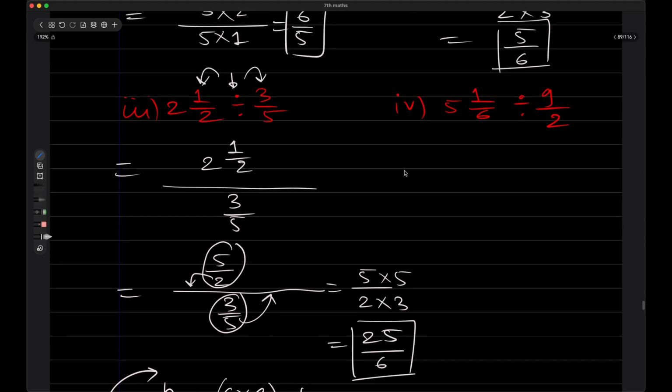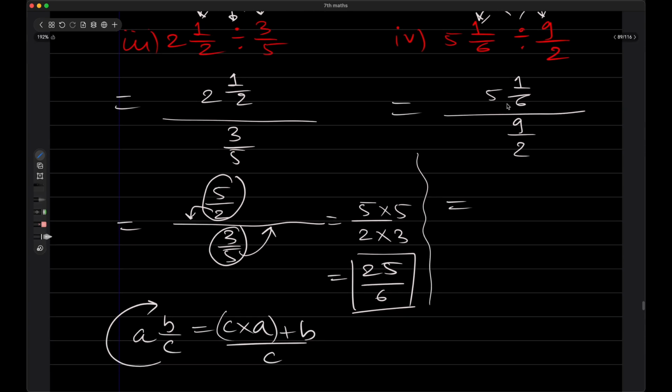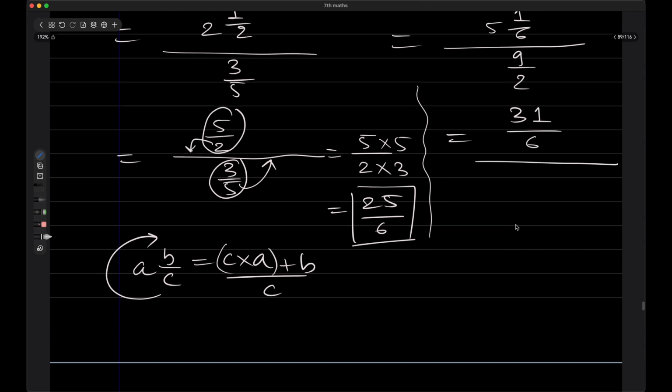For the last one, in the same way, that is the left side above the division line, the right side below the division line, 5 whole 1 by 6, division line, 9 by 2. Now convert the mixed fraction to an improper fraction, that is 5 6s are 30 plus 1 is 31 divided by 6. Then we have the division line and 9 divided by 2.